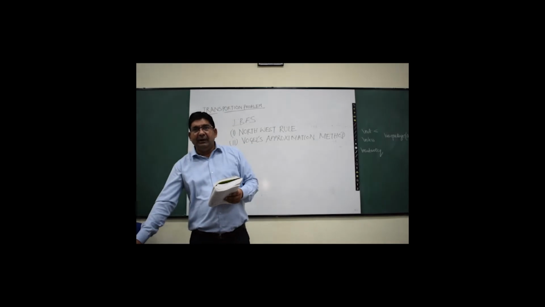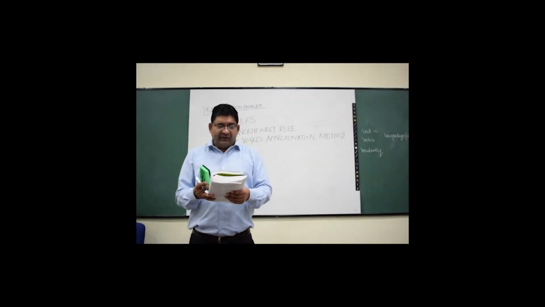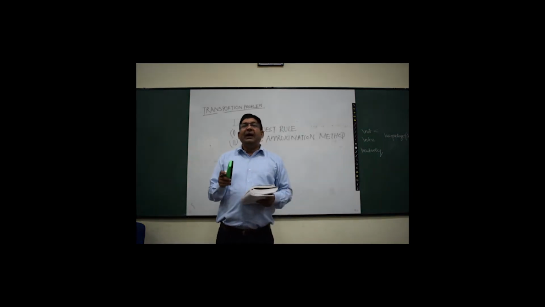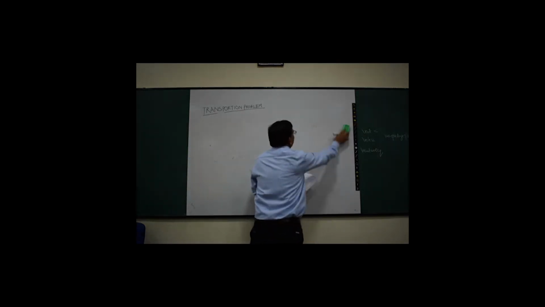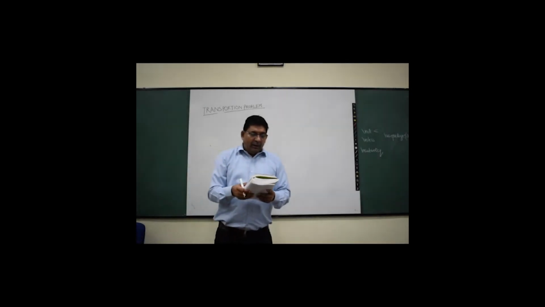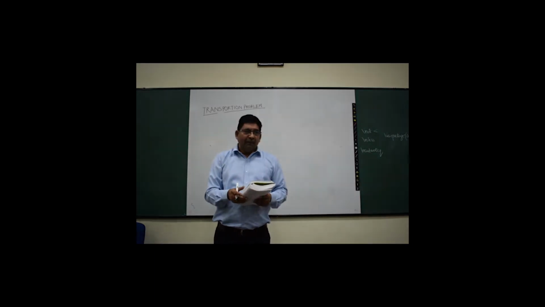Suppose we are given a problem where we have 4 sources and 3 destinations, and we have to find the initial basic feasible solution. My problem is: obtain an initial basic feasible solution to the given transportation problem.